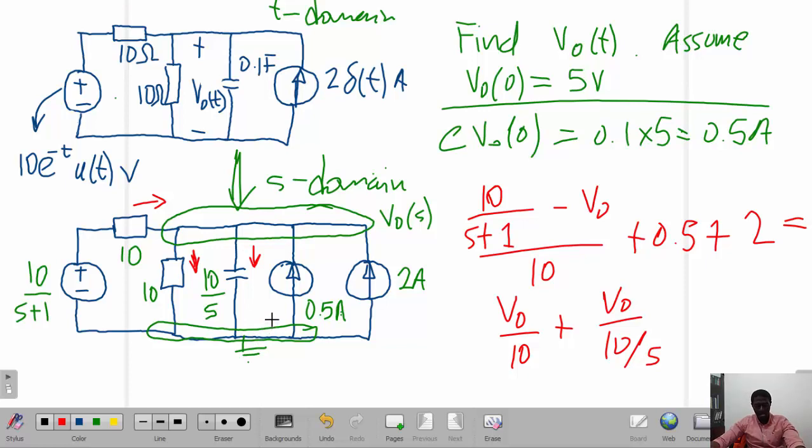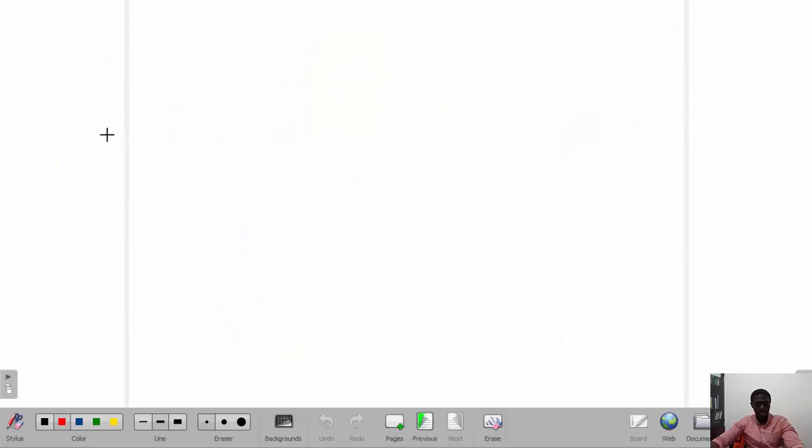And then we can simplify this further. So I'm going to go to the next page. If we simplify this further, we get 1 over s plus 1, plus 2.5.